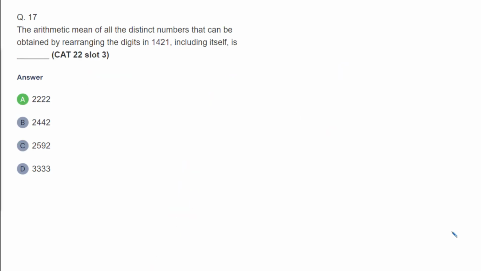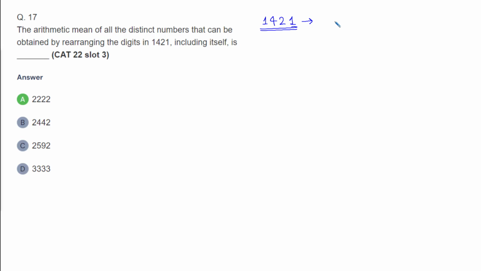Question number 17. The arithmetic mean of all the distinct numbers that can be obtained by rearranging the digits in 1421 including itself is how much? So over here the digits are 1421. If we rearrange this, how many different arrangements are possible?